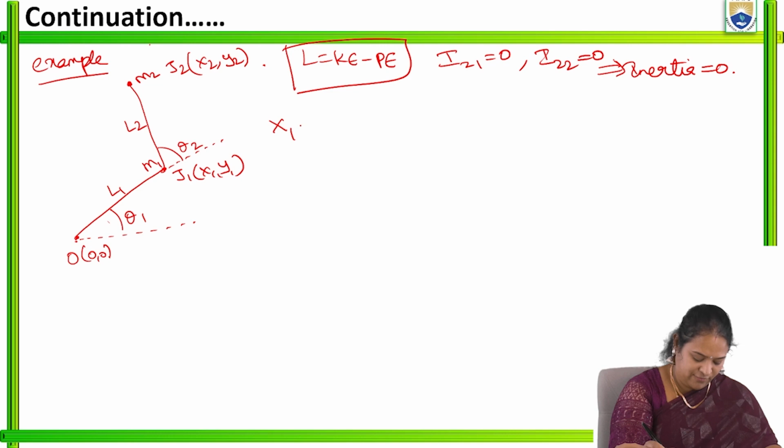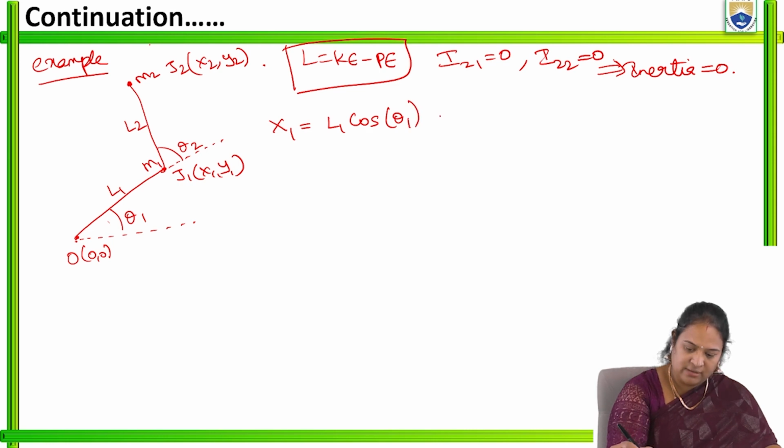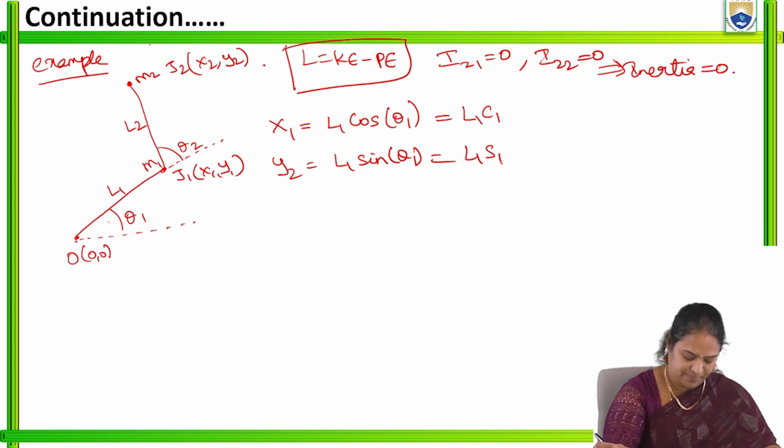Whereas x1 is equal to L1 cos theta 1, which we write as L1 C1, and y1 is equal to L1 sin theta 1, which we write as L1 S1.